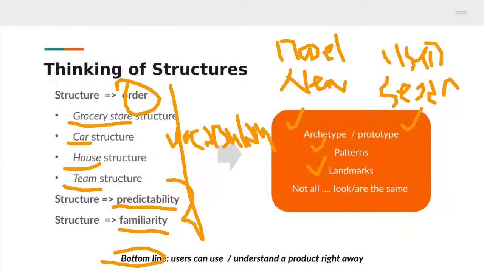If suddenly we start thinking of car and using different words, different labels, different languages, people will be very confused, and they're not going to be able to find the information they're looking for. So structure brings familiarity and predictability, so the user can understand your product fast, right away.